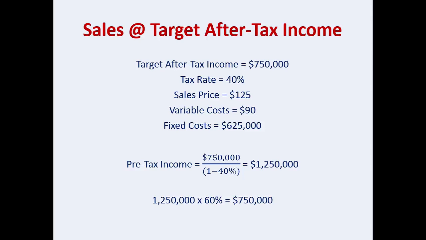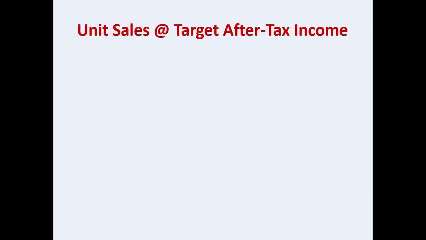So if $750,000 is my after-tax, I divide it by the 60%, because if my tax rate is 40%, then the IRS gets 40%, I get to keep 60%. So when you see 1 minus the tax rate, that's what that means. And you can double check your number. If your pre-tax is $1.25 million, you get to keep 60%. Do the math, and if it equals that after tax, you know you did this correctly.